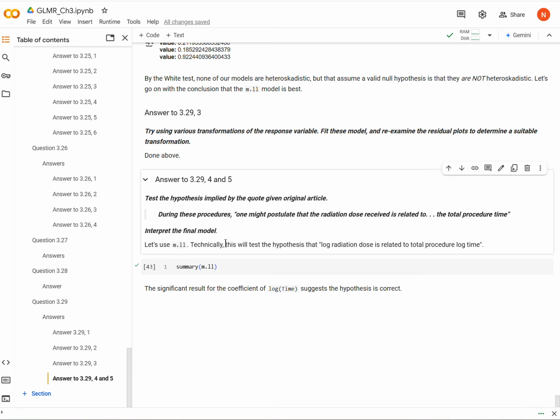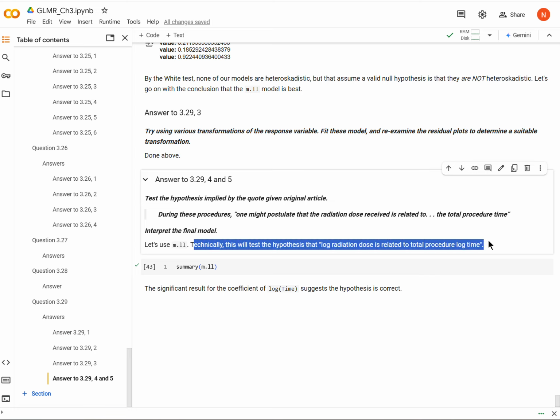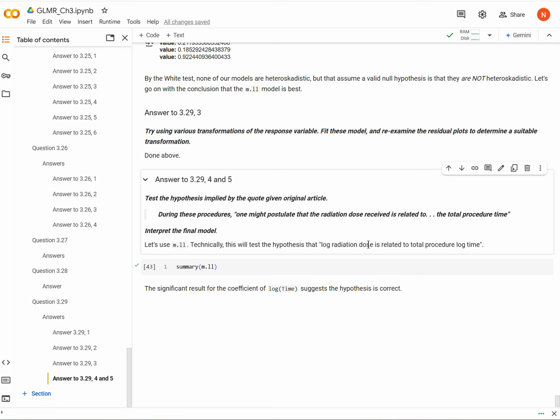Okay. But anyway, that distinction is maybe not really important here, because the hypothesis is worded a little bit loosely.